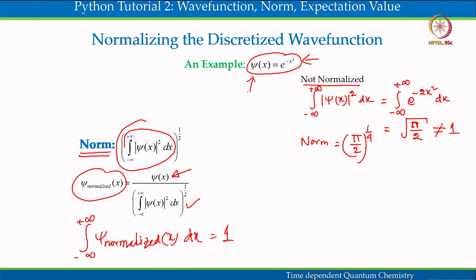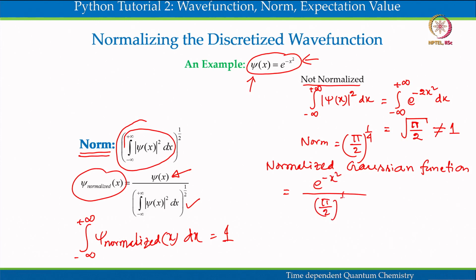The Gaussian function is e to the power minus x square, and we have to divide it by the norm, which is pi by 2 to the power 1 by 4.